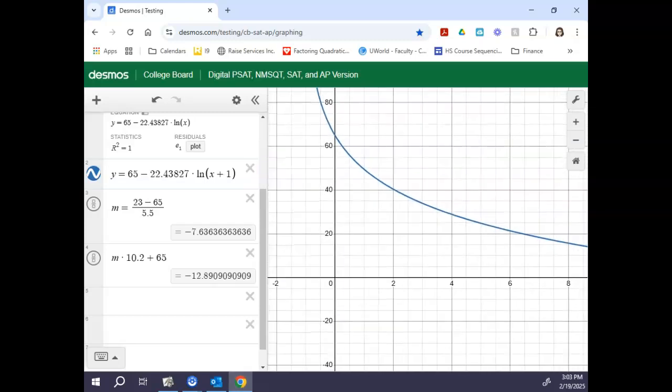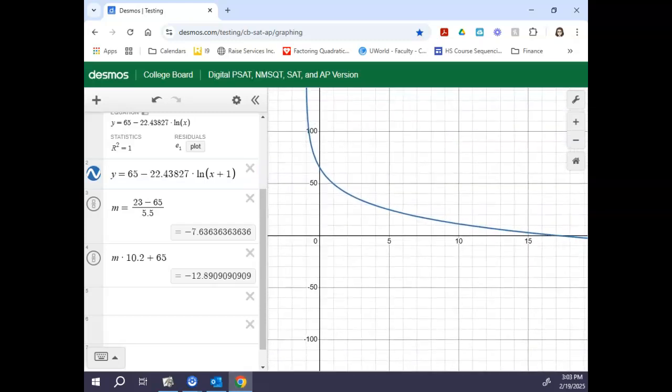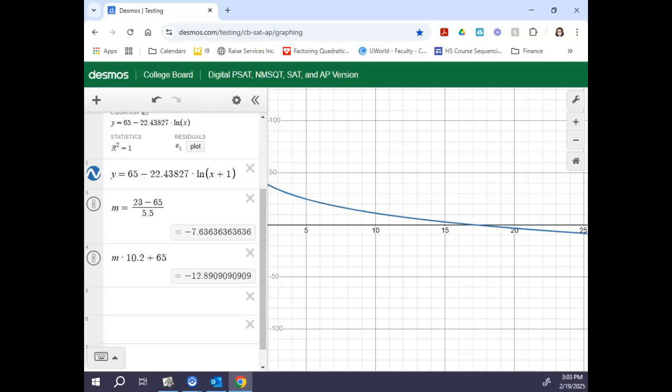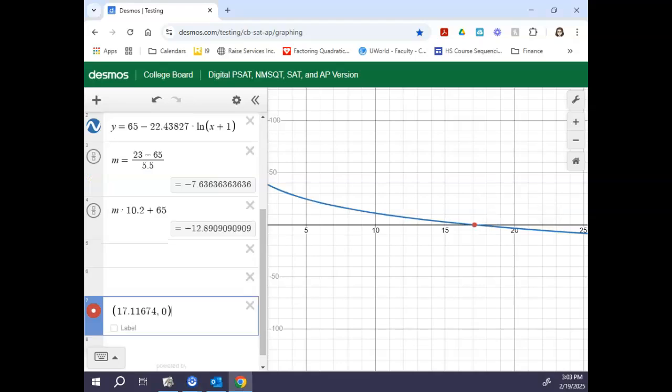I can keep going as far as input, time goes on, but it doesn't make sense once my percentages start getting negative. So I need to figure out the x-intercept right there. If you tap that the point comes up, but sometimes when I go over to the left and the point disappears, I don't have to re-click. So that's when the percentages become 0.